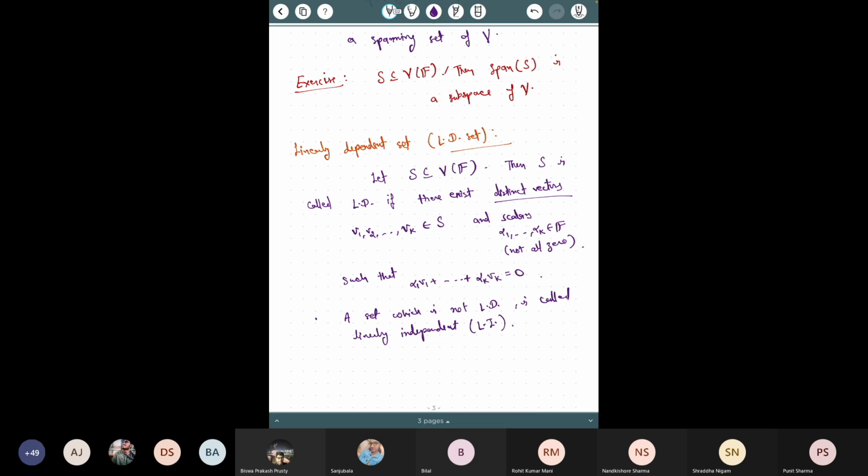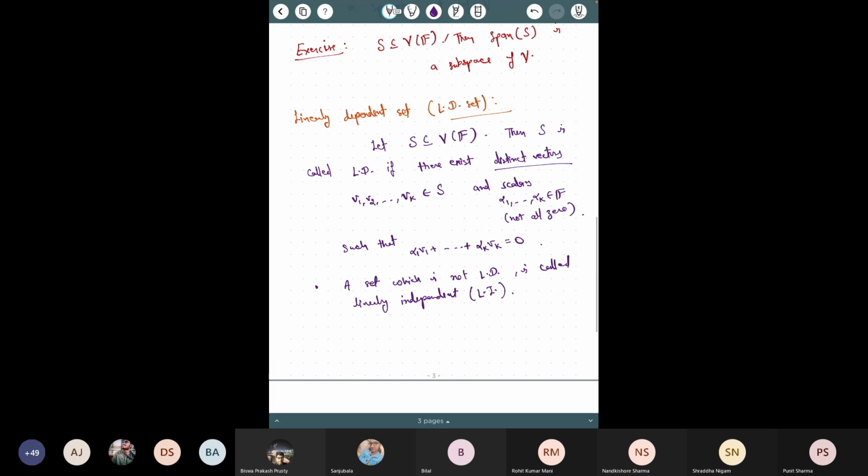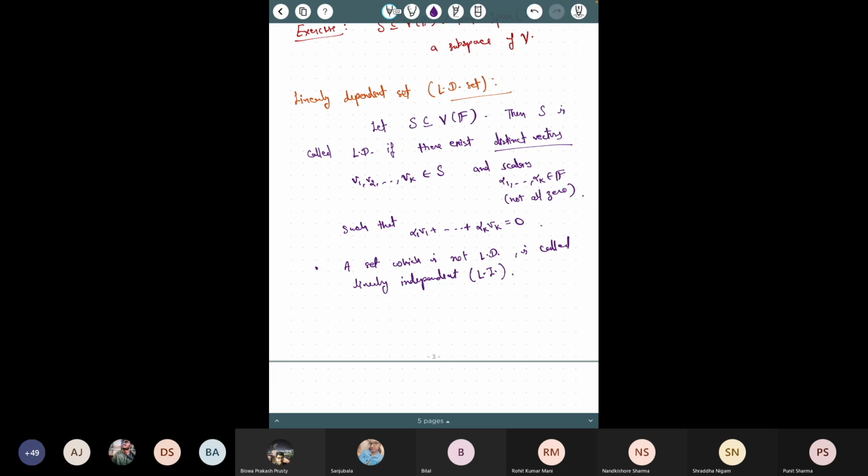Okay. Now if you want to write the negation of this statement, that means the definition of linearly dependent, what would it be? Let's say I want to define linearly independent. Can you define linearly independent using the definition of linearly dependent, getting some idea from this definition? Yes, sir. Tell me what it is.